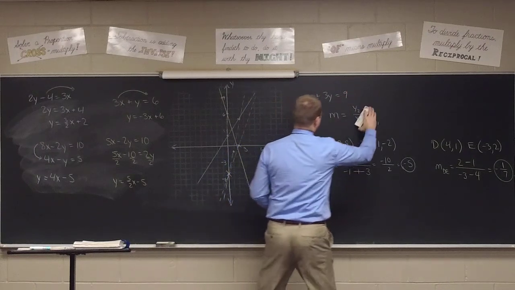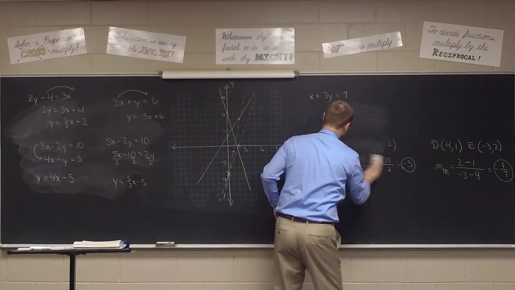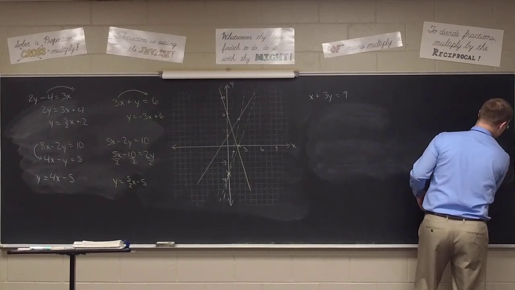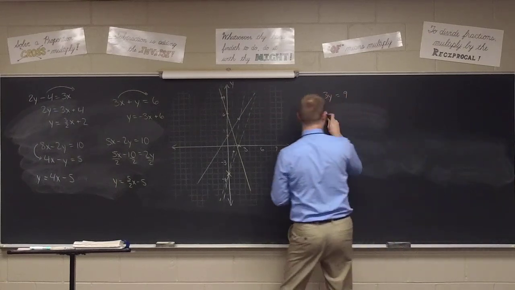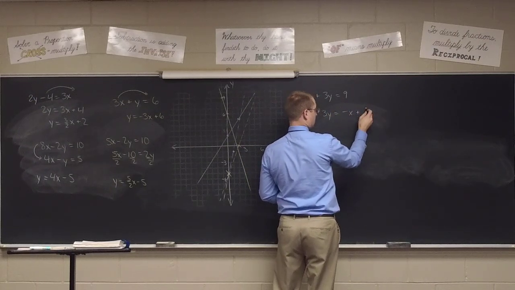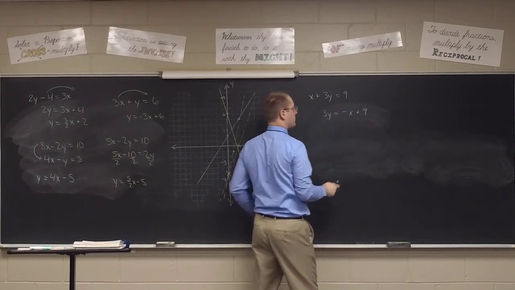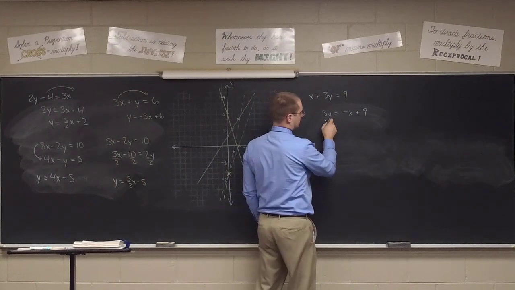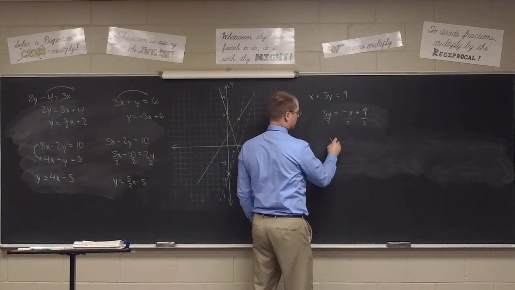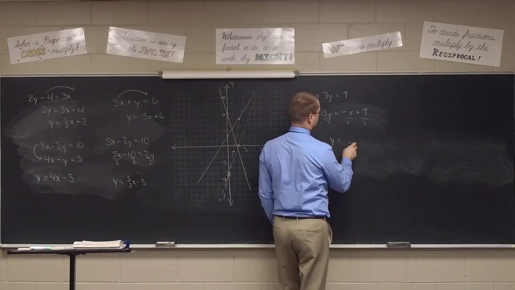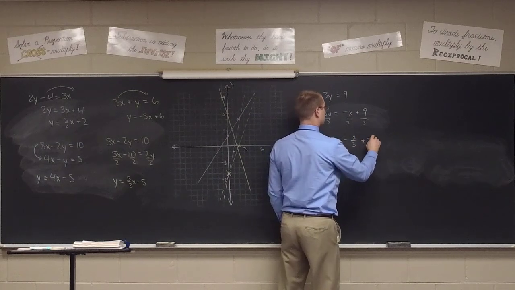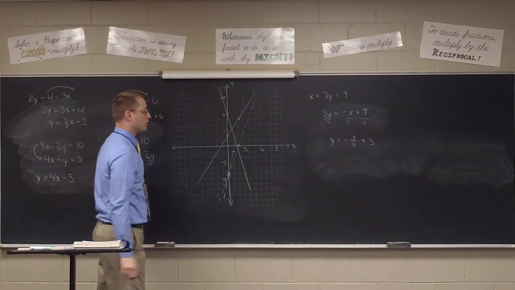And let's see, Brecken, walk me through this one. Take the x over as a negative. Okay, 3y equals... All right, then we need 2.